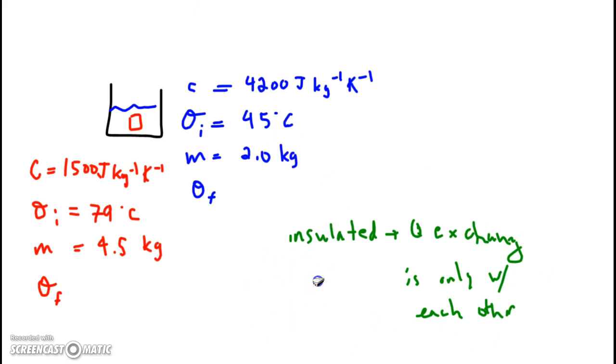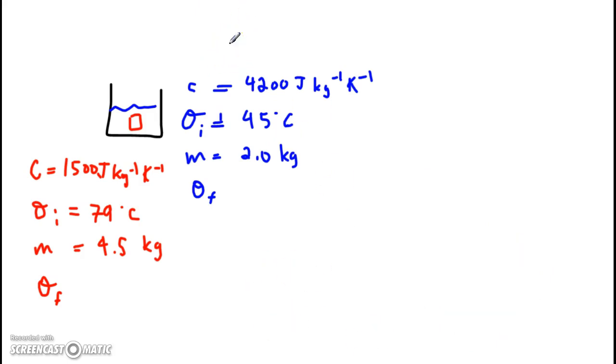Alright, here's how you solve. Let's ask this question first. If these things are exchanging energy only with each other, does that mean that they have the same Q? Do they exchange the same amount of heat? Imagine that the Q value is 10 for the water.